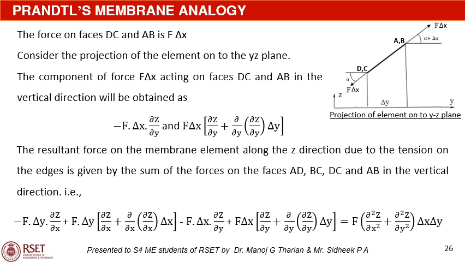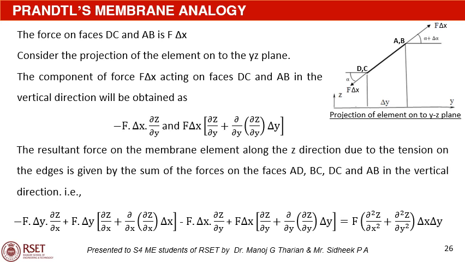As in the earlier part, the components of the force F delta x acting on the faces DC and AB in the vertical direction can be obtained as minus F delta x into dou z by dou y and F delta x into dou z by dou y plus dou by dou y of dou z by dou y into delta y.